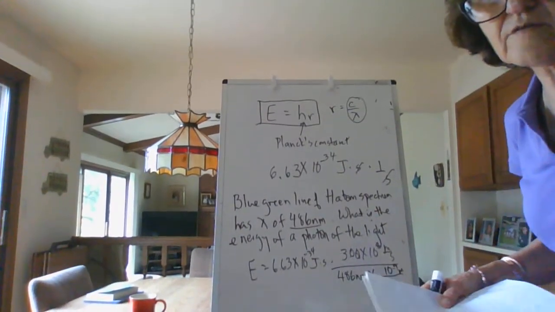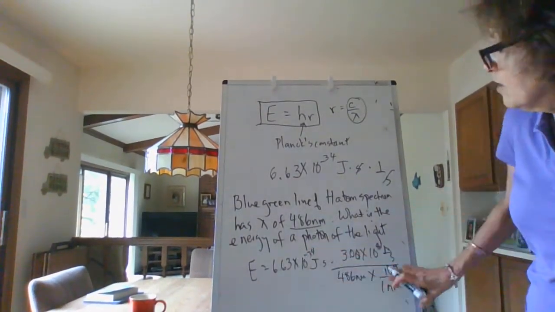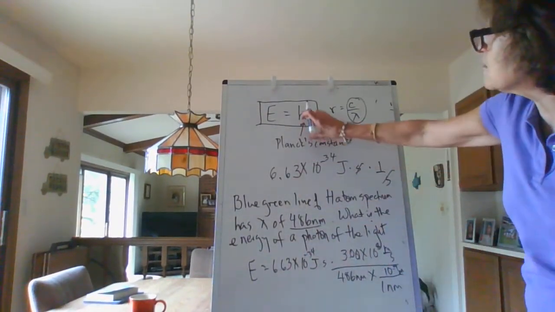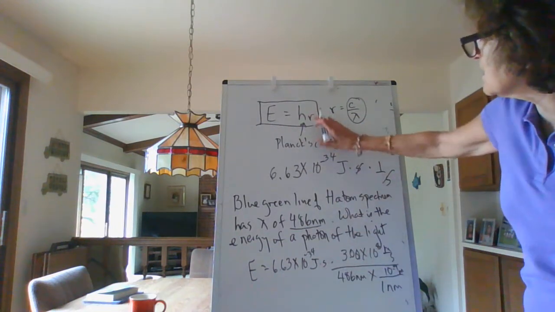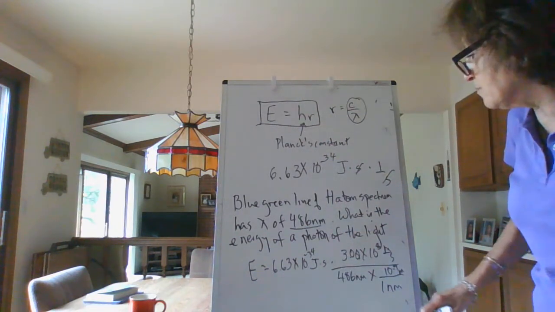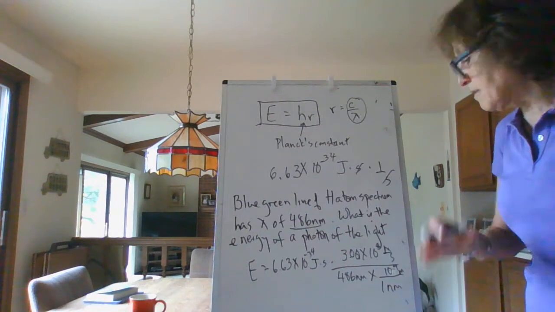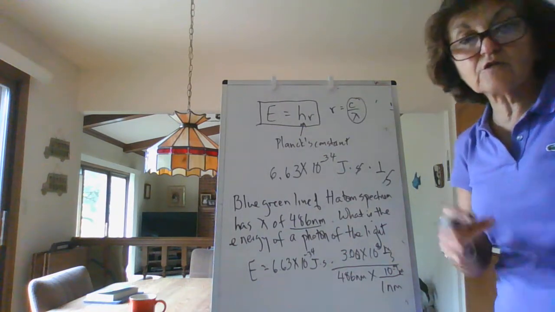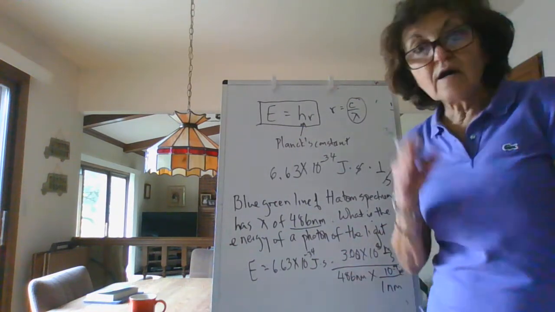Hopefully you can see all this. So all I did was plug and chug. I put Planck's constant for h, and instead of nu, I put c over lambda. So now it's a matter of plugging everything into your calculator correctly.